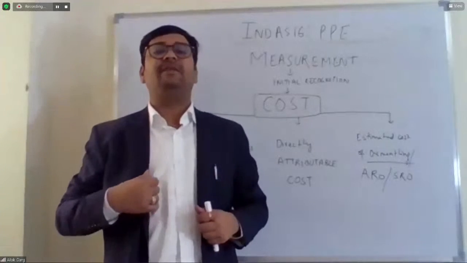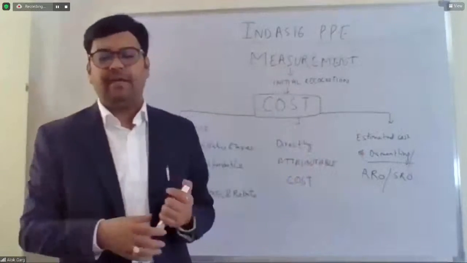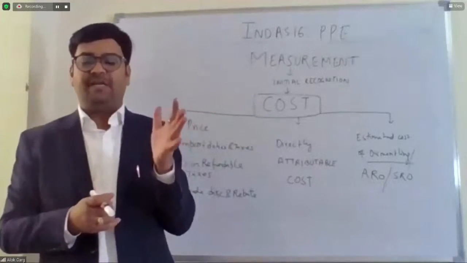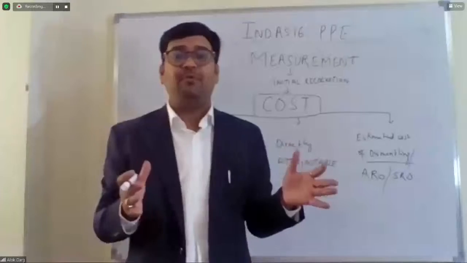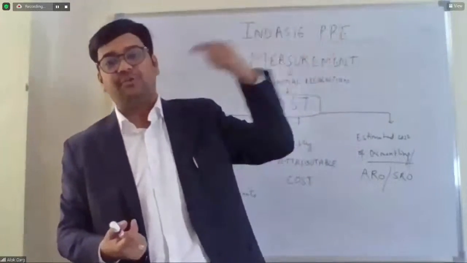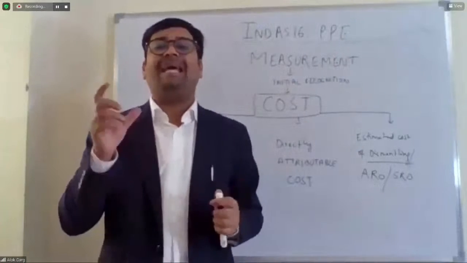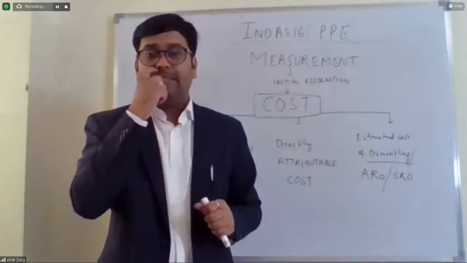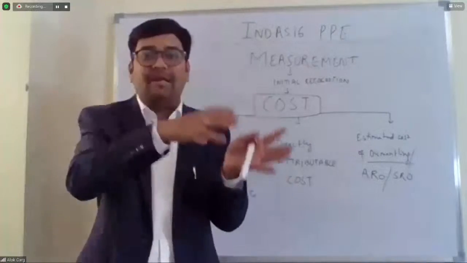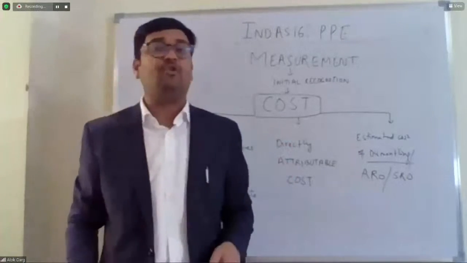So when you vacate the office after 10 years, you have to return the premises in the same condition in which it was given to you. That will carry some cost. This asset retirement obligation, dismantling obligation, will carry some cost.